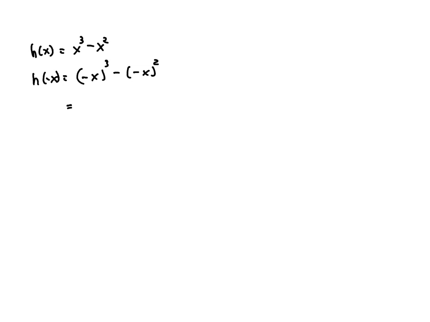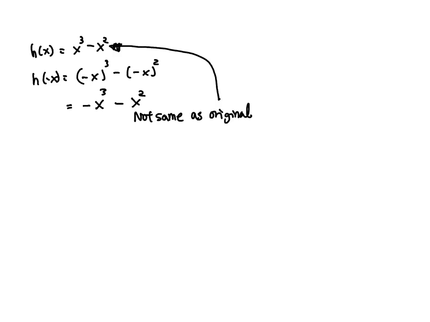Negative x cubed turns out to be negative x cubed, minus negative x quantity squared, which is a regular x squared because the negative just cancels. And check this out, this is not the same as the original, which means this is not even.